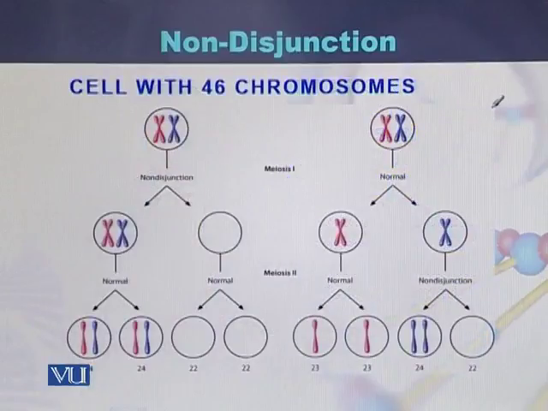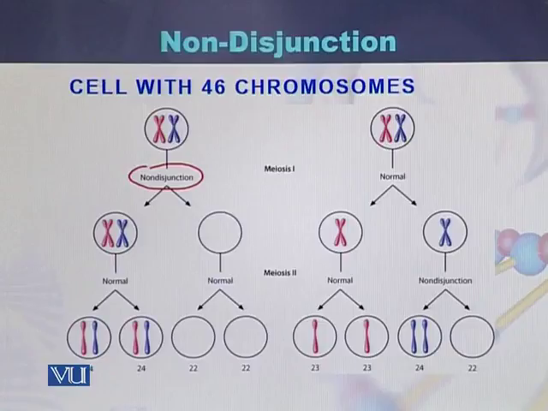Let us look at this diagram to understand what non-disjunction and normal disjunction are. This is a cell with 46 chromosomes. Consider that this cell has 46 chromosomes initially. As a result of non-disjunction, one of the cells will have both the chromosomes, while the other cell will be lacking the chromosomes.